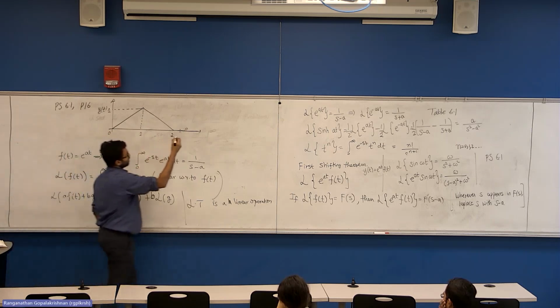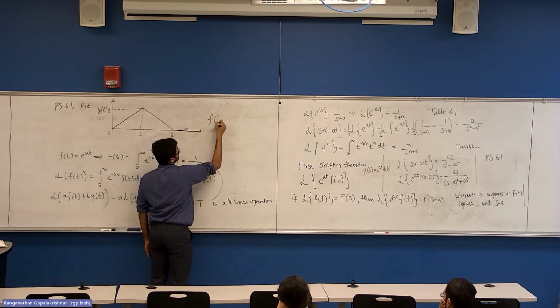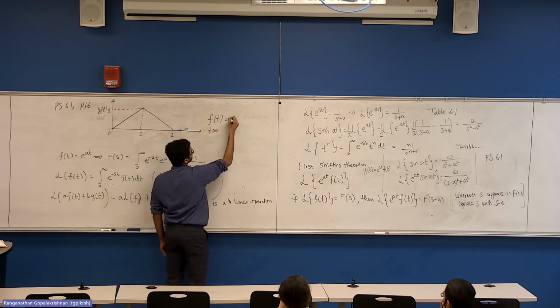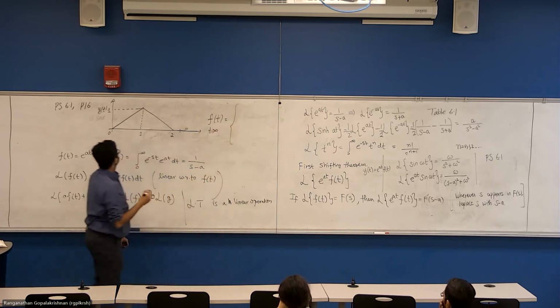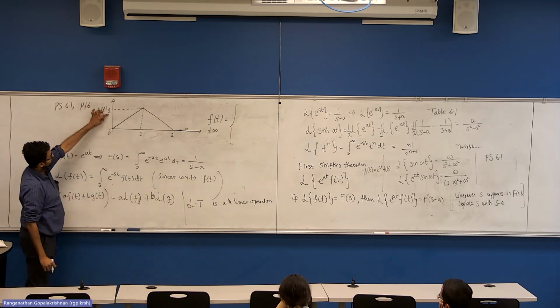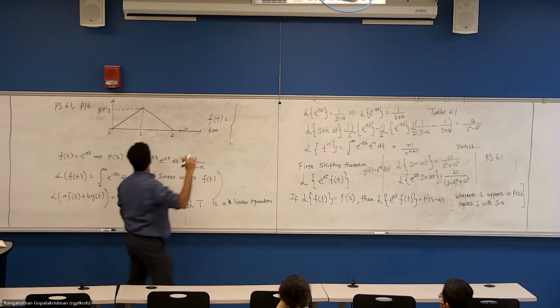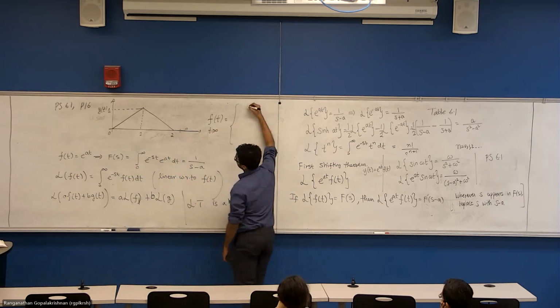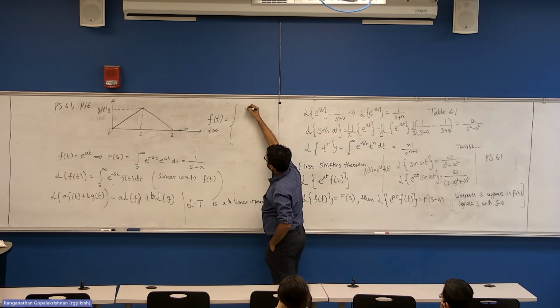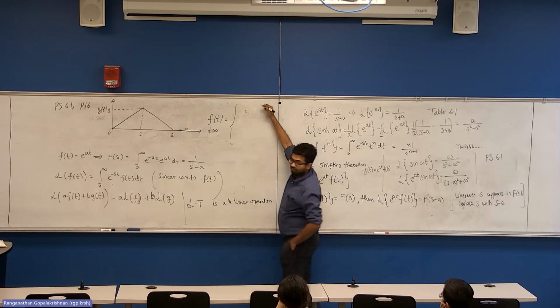So if you were to write this as a piecewise function f of t, where time is greater than 0, what is the value here? T times the slope, which is 1, or just f equal to t.